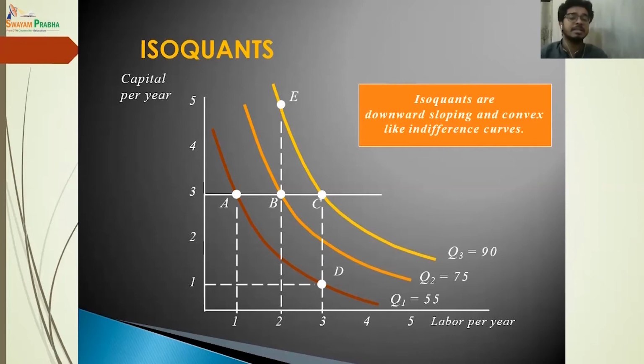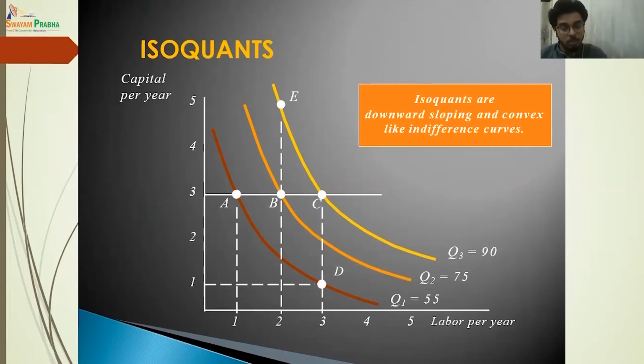Now, what are these isoquants stating? If you see the brown isoquant Q1, it shows that under Q1, all these different combinations of labor and capital will produce 55 units of output.